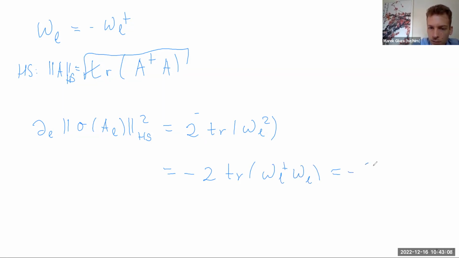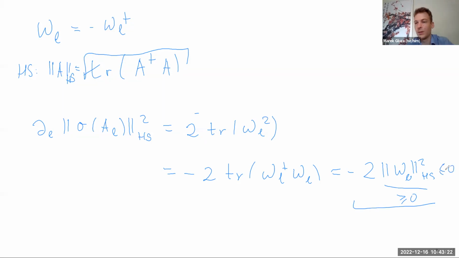So this is minus 2 times the Hilbert-Schmidt norm of WL squared, which is non-negative. So together we get that this is non-positive. Hooray. I love this relation. It's very nice.